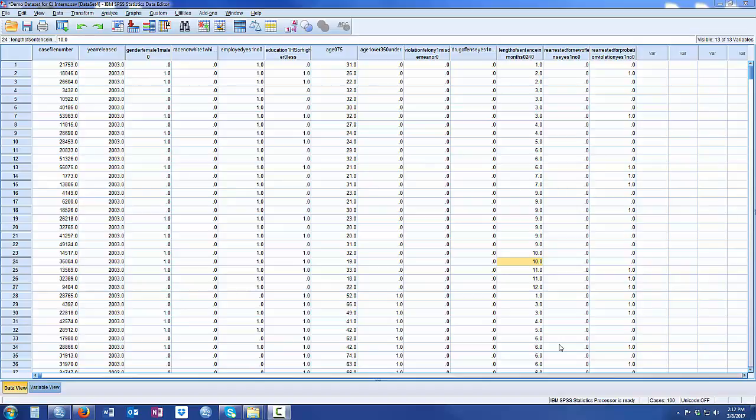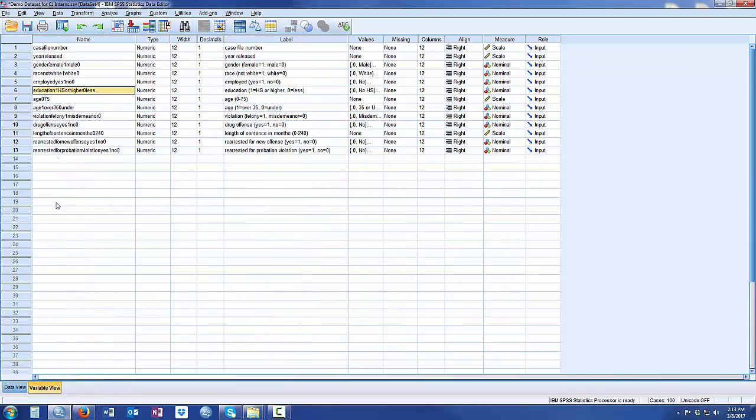For this demonstration, my research question is, does education impact length of sentence? If you remember, this is the data set that we pulled into Excel. I have a variable for education and I have a variable for sentence length. Looking in the variable view, my education variable is coded 1 if the person has a high school diploma or more, and 0 if the person does not have a high school diploma.